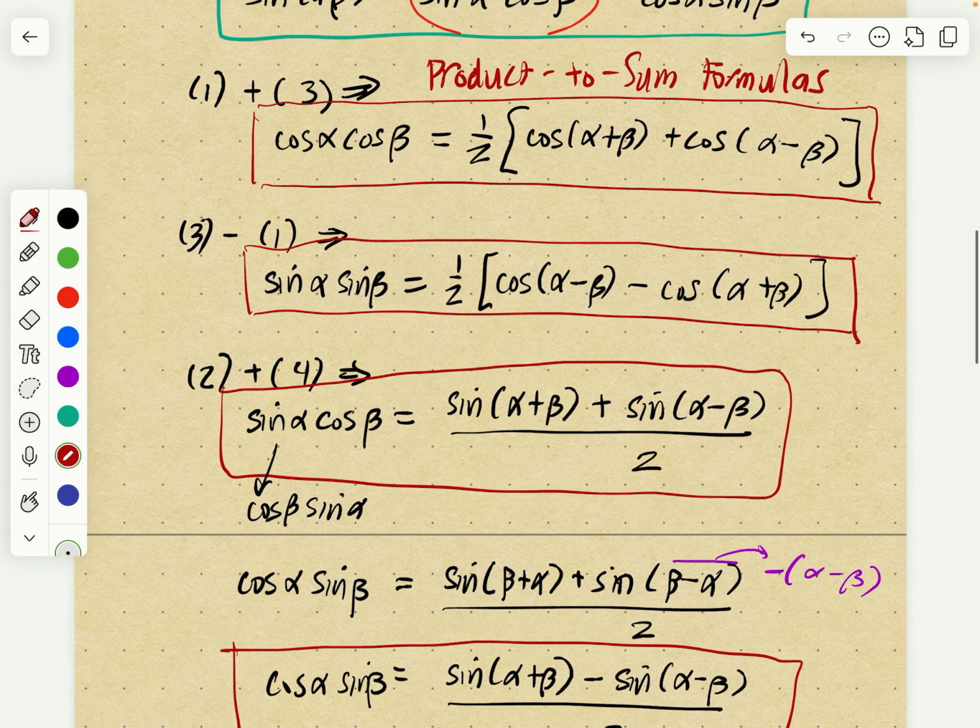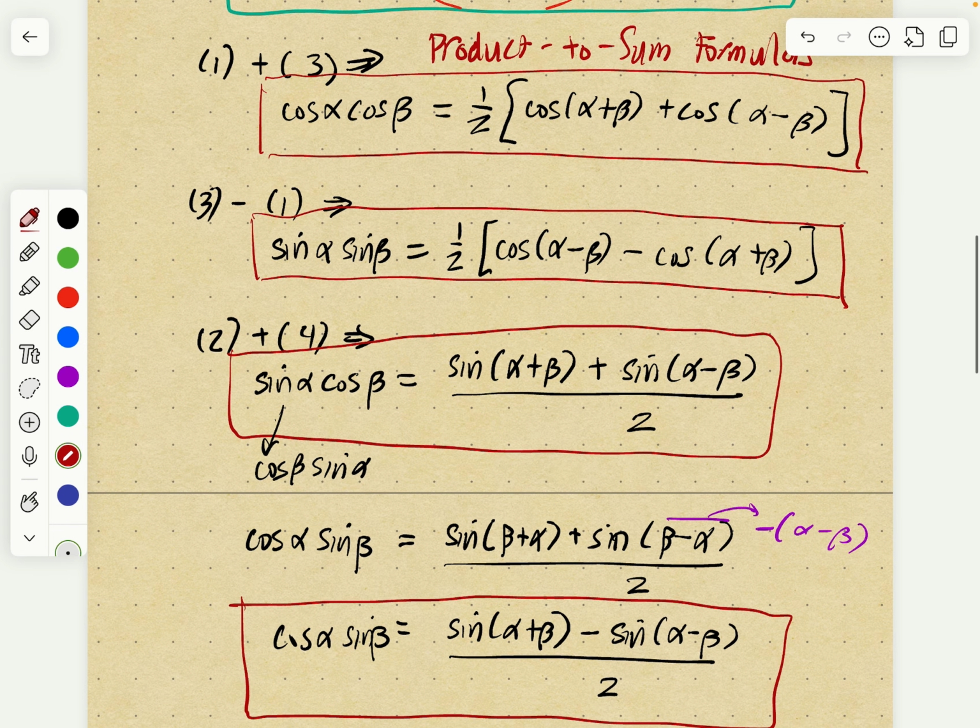How useful are they? That's a good question. They do show up sometimes, but the main application I know of is, for instance, if you wanted to integrate sine of 7 theta times sine of 6 theta or something, then you would use this product to sum formula.